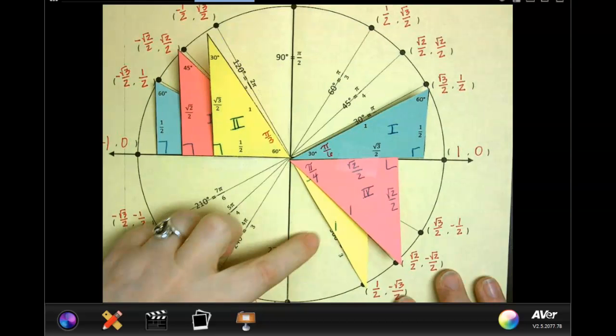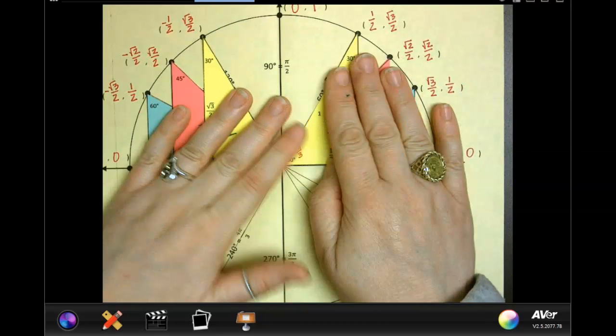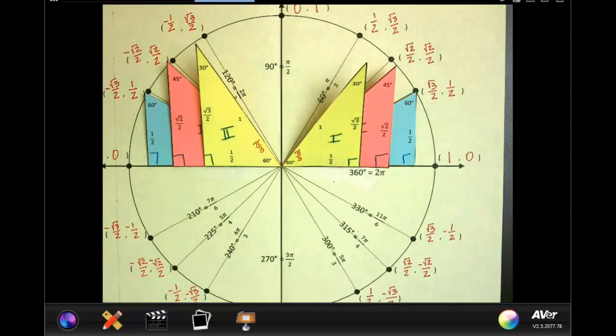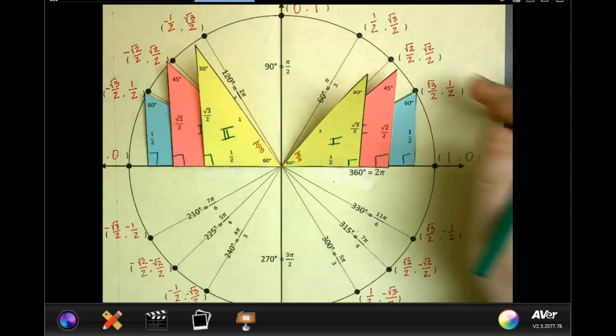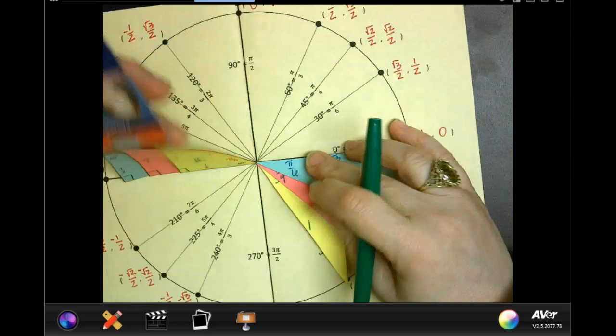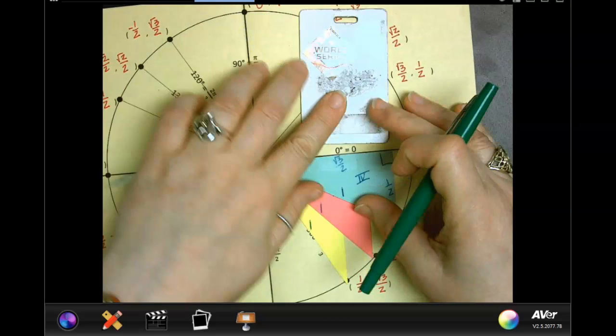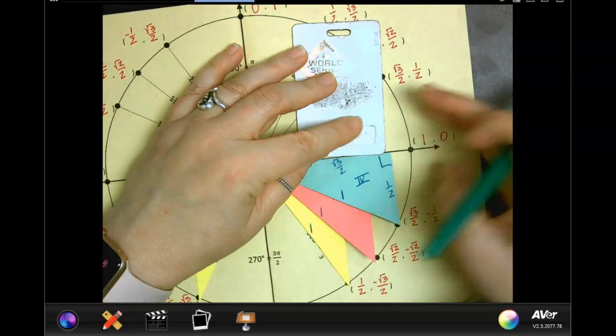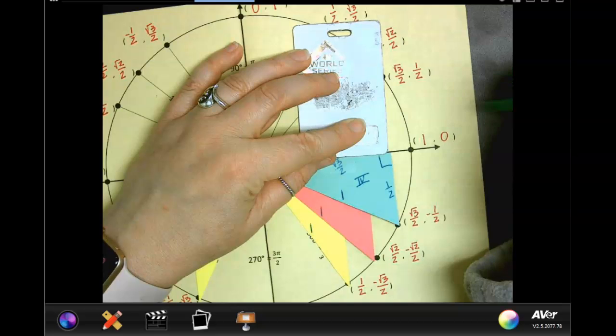Okay. All right, so now, here's what I want you to do. We're going to take your ID so that you have a little straight edge. And you are going to place it over here up against your green triangle so that you can try and make it perpendicular.